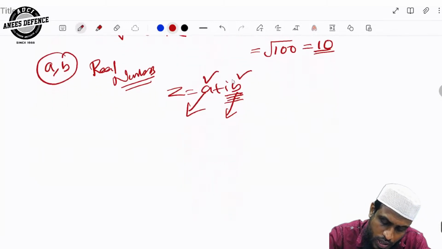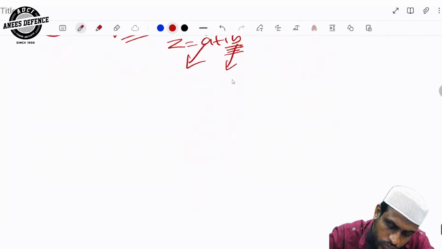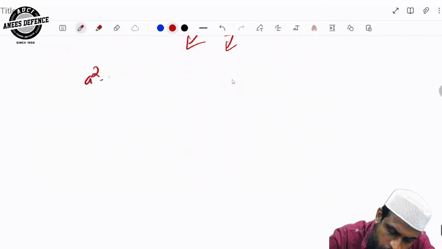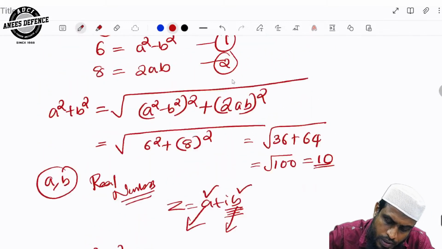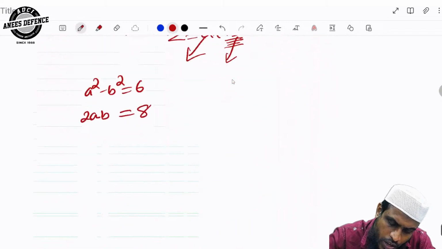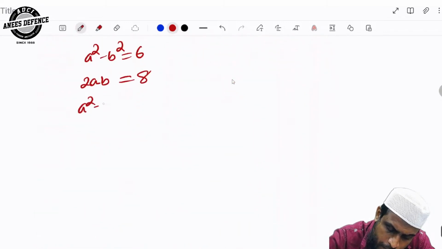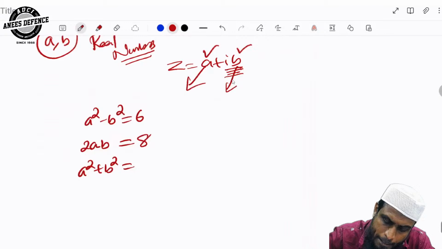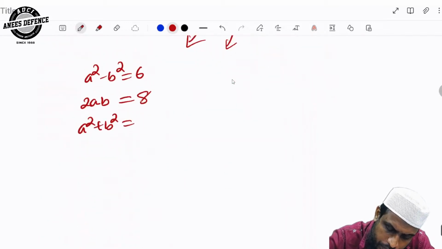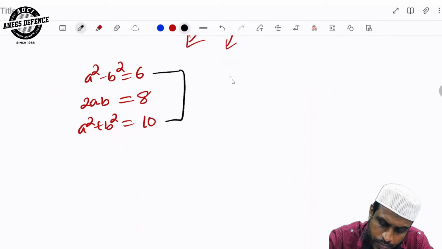So you are getting a square minus b square is equal to 6, 2ab equal to 8, then a square plus b square equal to 10. Now you can use these two equations.